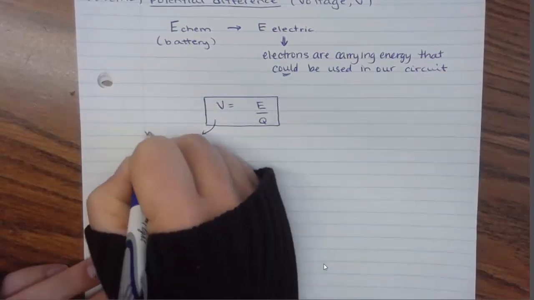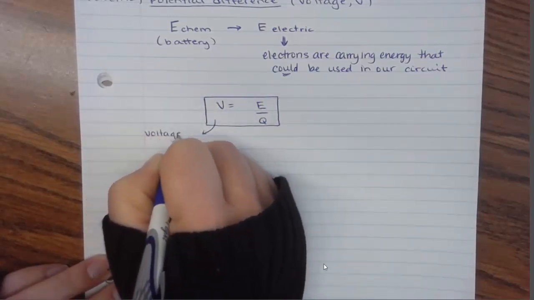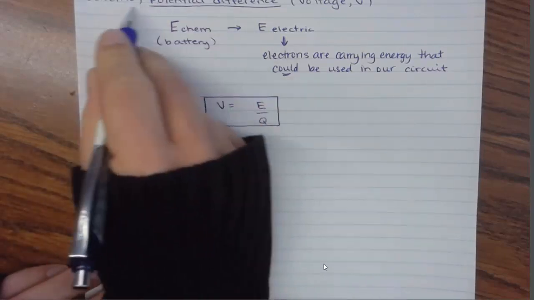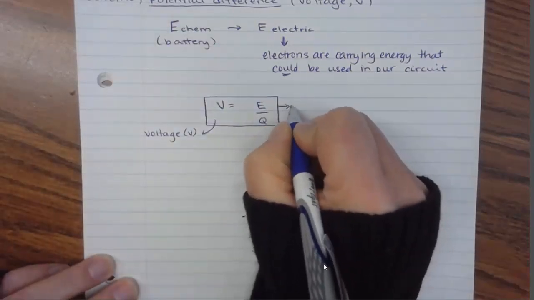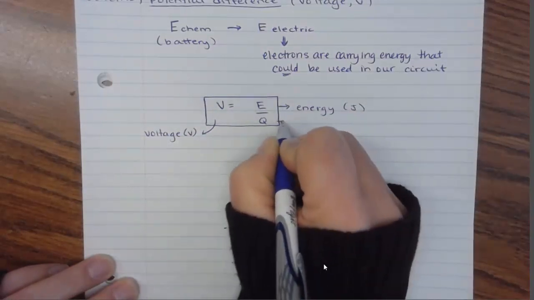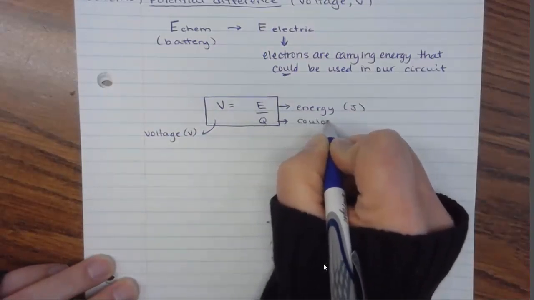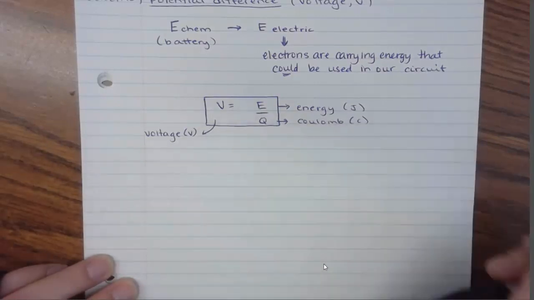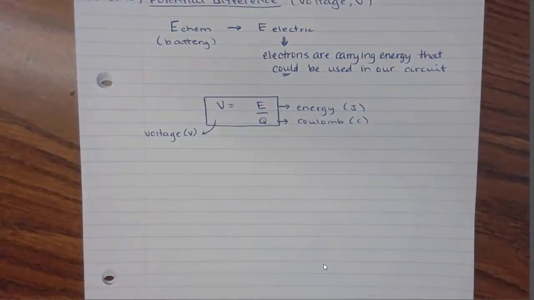So voltage, which is in volts, also called electric potential, is the energy in joules per coulomb of charge. So joules per coulomb gives us the voltage.